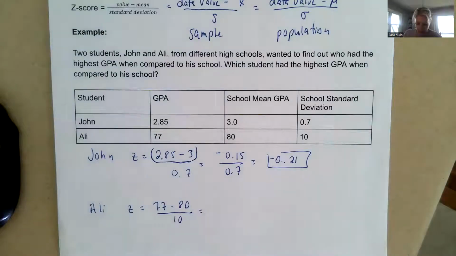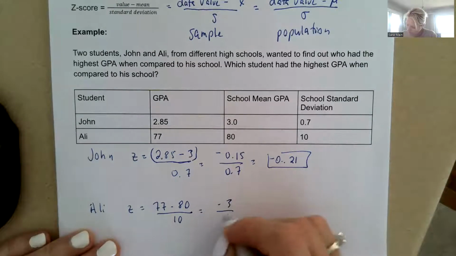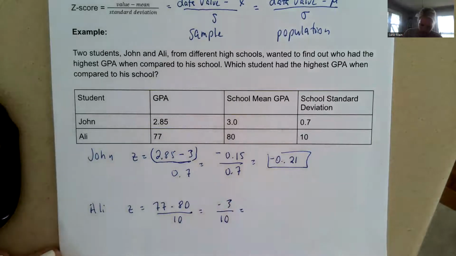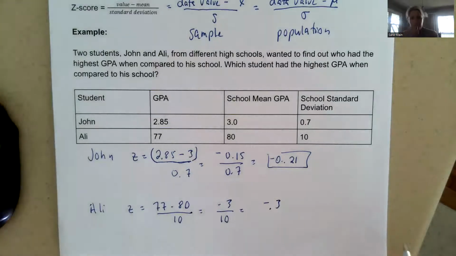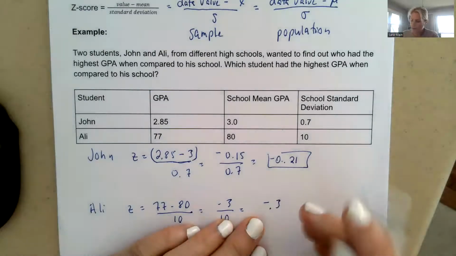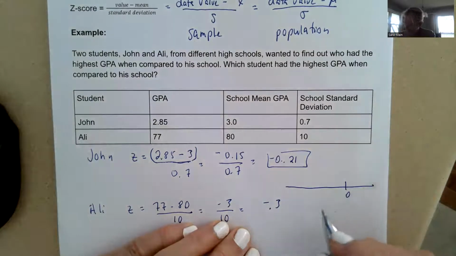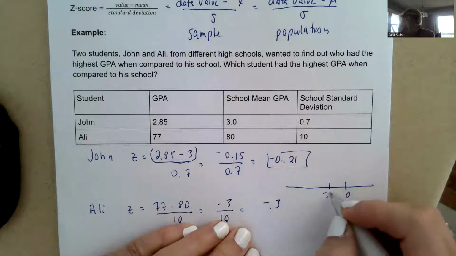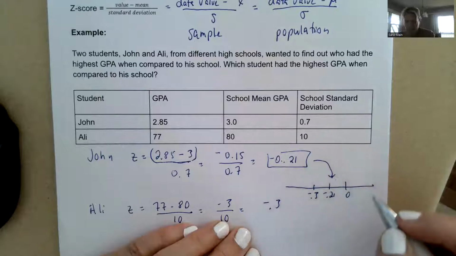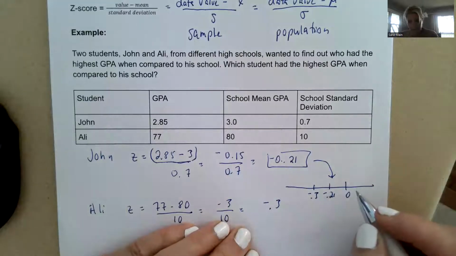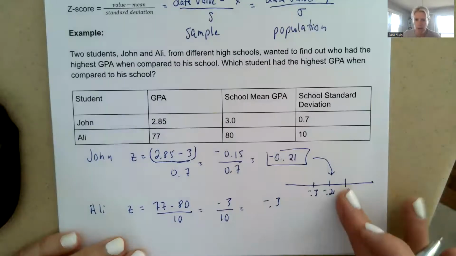Okay, and so for Ali, 77 subtracting 80 is a negative 3, divided by 10 is a negative 0.3. Because this is on a number line, a negative 0.21 and a negative 0.3, this one is actually the largest one, barely. 0 would mean that they're actually at the school average, but they're not.